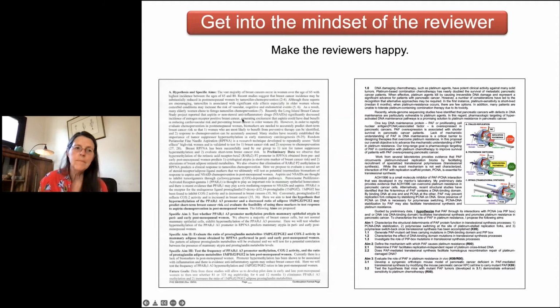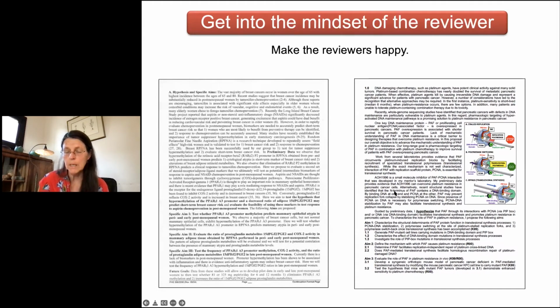So, make the reviewers happy. When I started writing, and this was one of my first grants, I wrote this long, horrible paragraph. And this is really, really hard to review. And it's also really hard to write. So we started coming up with a more focused method where you break things up into little paragraphs.